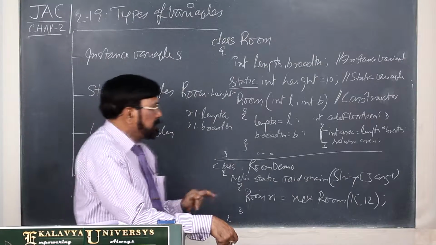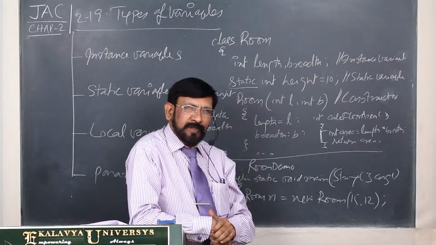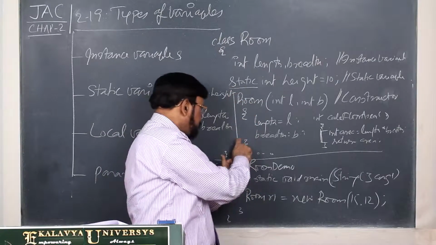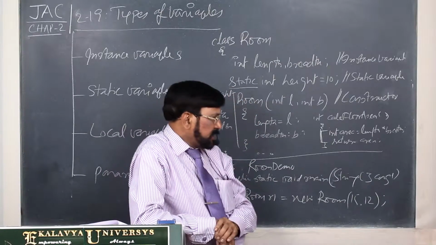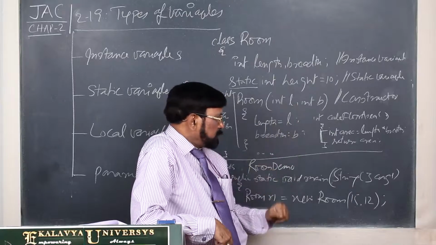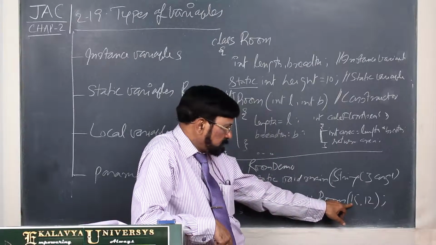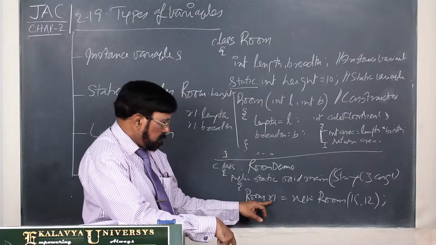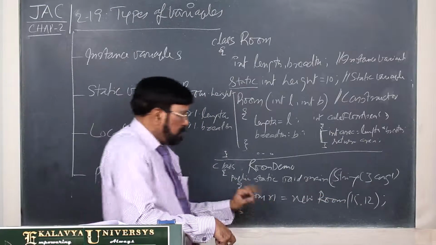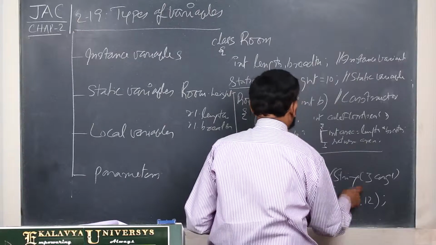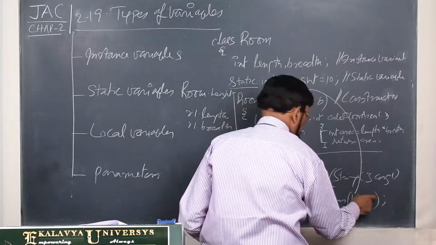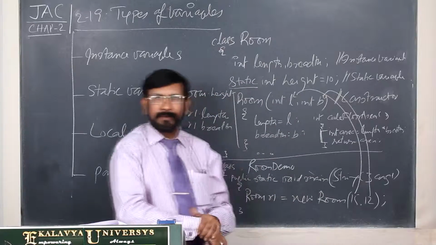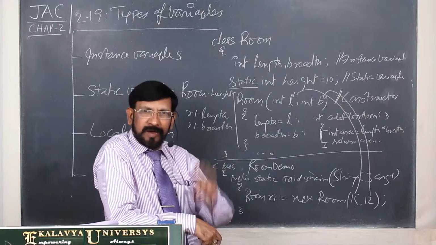Thereafter, parameters. Actually, this is the constructor, and this constructor receives values. Now you are passing 15 and 12. These are the values relating to room 1. So 15 is received by L and 12 is received by B. Parameters means formal arguments.